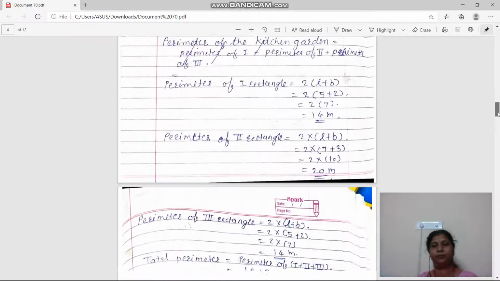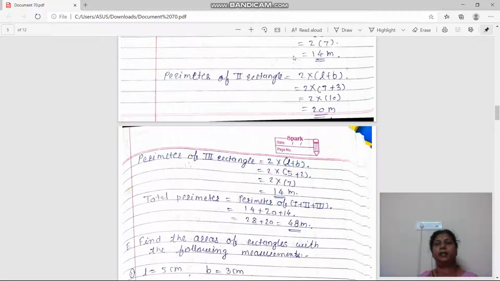The next, perimeter of second rectangle. See, perimeter of second rectangle is equal to 2 multiplied by length plus breadth. So length is 7 plus breadth is 3. So 7 plus 3 we get 10. So 10 twos are 20 meter. Now perimeter of third rectangle. 2 multiplied by length plus breadth.